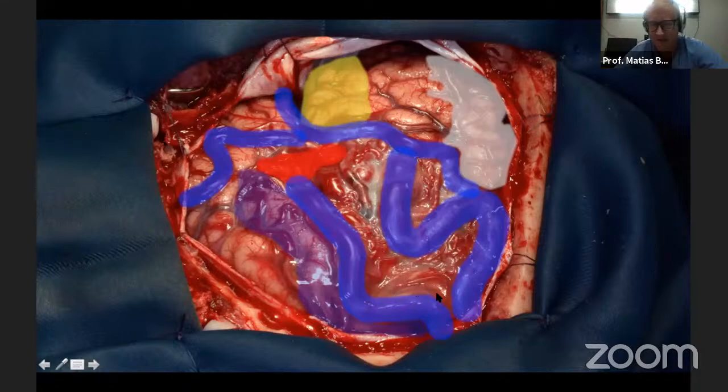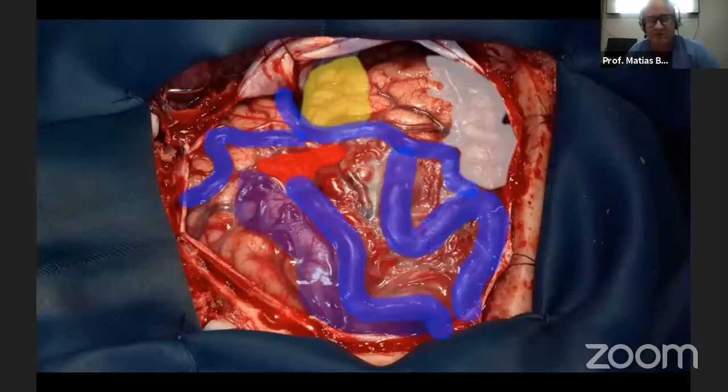Here we can observe a small tail of cortex of the primary motor cortex under this vein, and the inferior drainage veins, this one going to the sphenoparietal sinus, and this one going to the transverse sinus using this vein, that is the vein of Labbé.